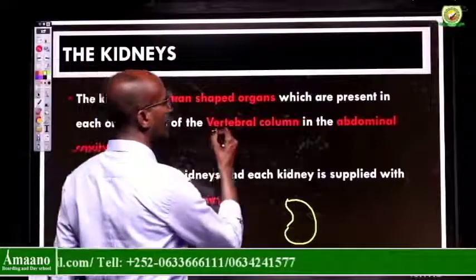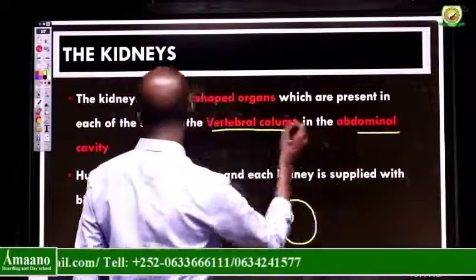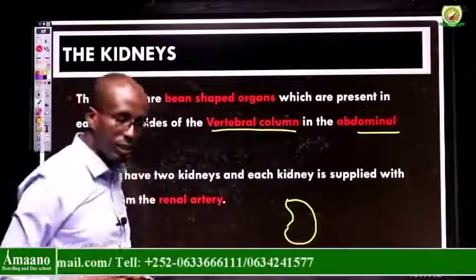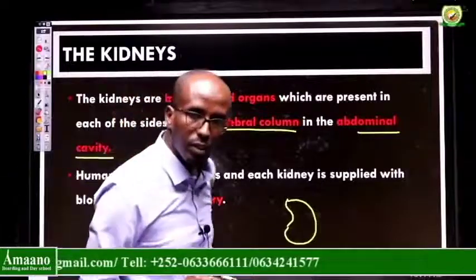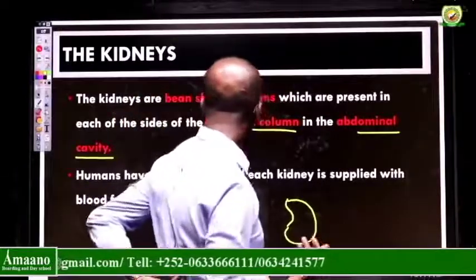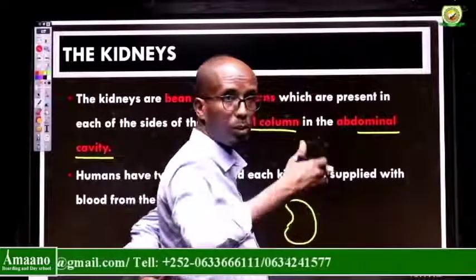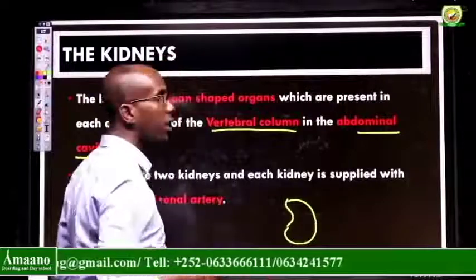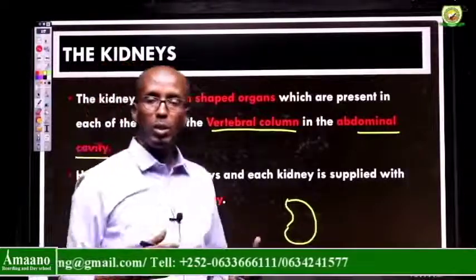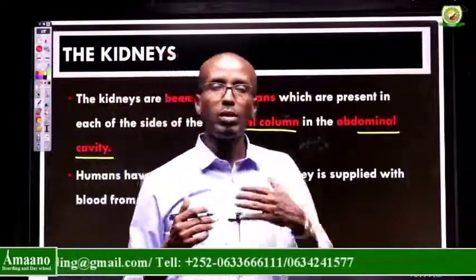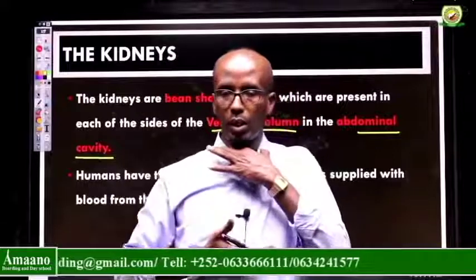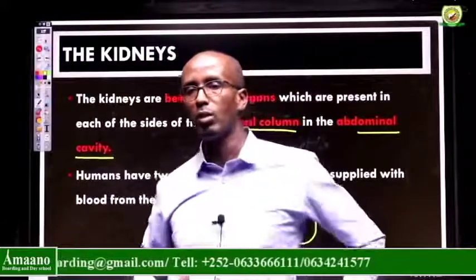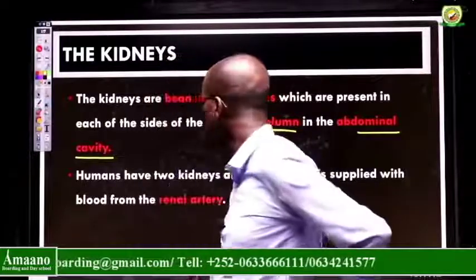We have two kidneys, and each one lies at the side of the vertebral column. The vertebral column is the backbone, and the kidneys are in the abdominal cavity. Your body is divided into three: the head, the chest, and the abdomen. Kidneys are found in the back of the abdomen, somewhere here.